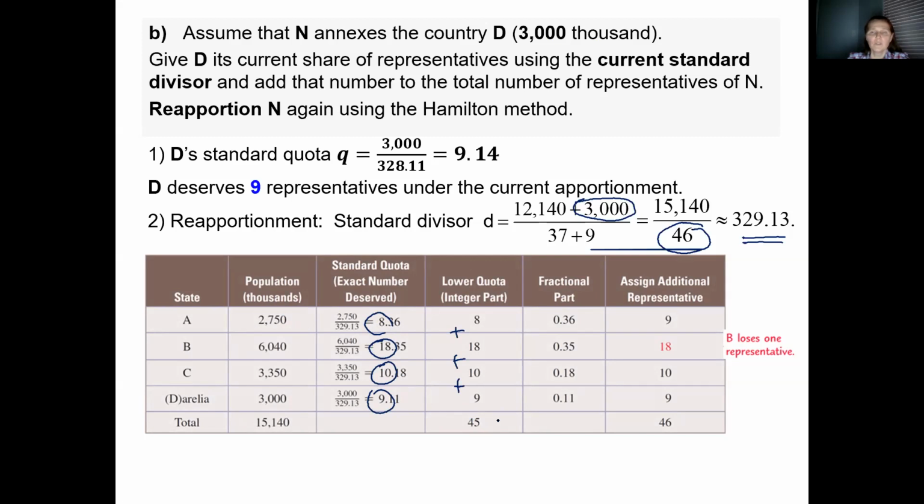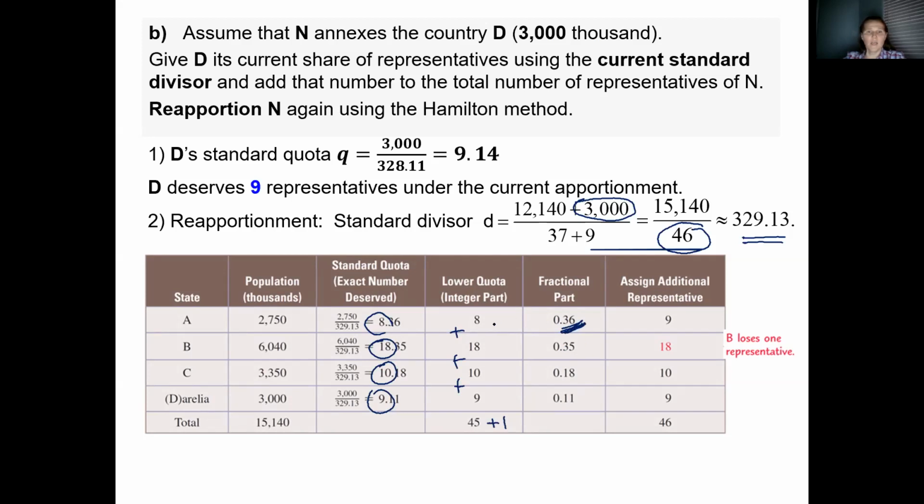The number of seats that we want to assign is 46, so we have 1 extra. And then we consider the fractional parts. They're also given in this column: 36, 35, 18, and 11. 36 is the largest fractional part.